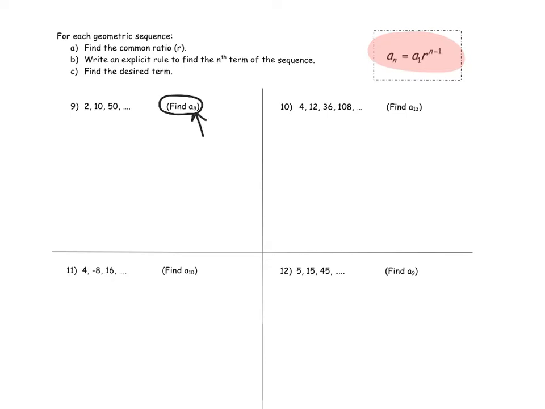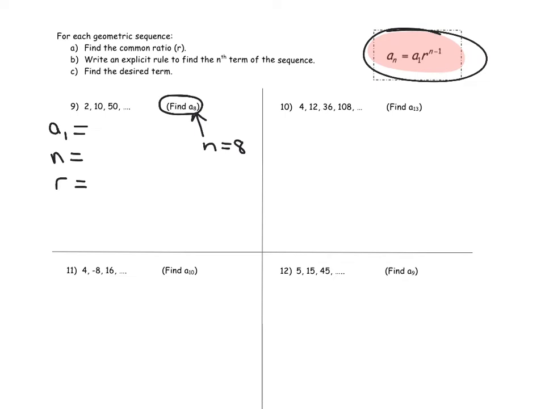What does that mean n equals if I want a sub 8? Good. N equals 8. Now, remember, we need to fill in all the blanks here. We need to know what a sub 1 is, we need to know what n is, and we need to know what r is. All of which we are plugging in to this formula.